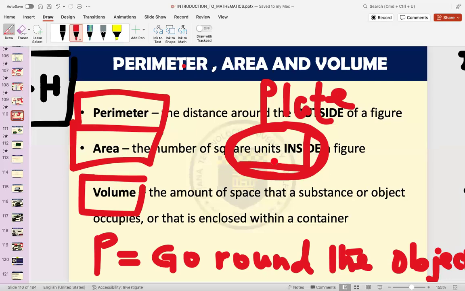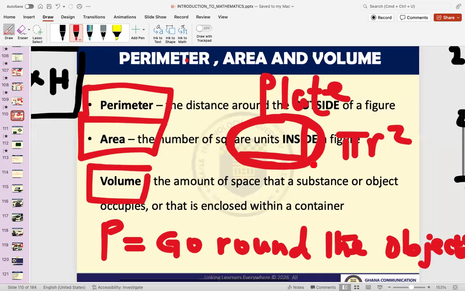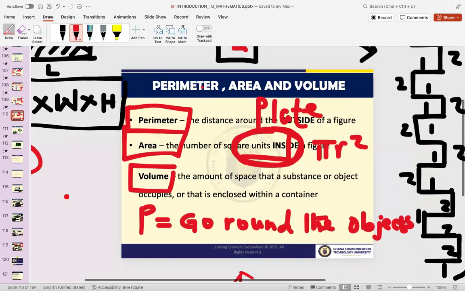Now, how do you calculate the area of, let's say, a round flat plate? Very simple. You know the area of a circle, that is pi r squared. So we can use pi r squared to design the plates we have been using at home. So those of you who are women, I'm sure you know sets of plates.